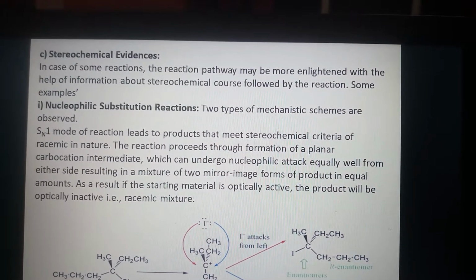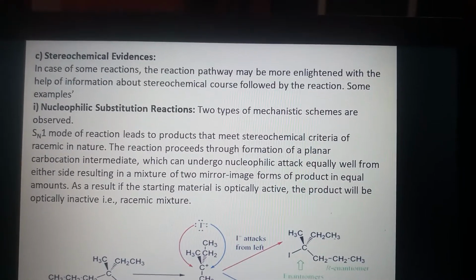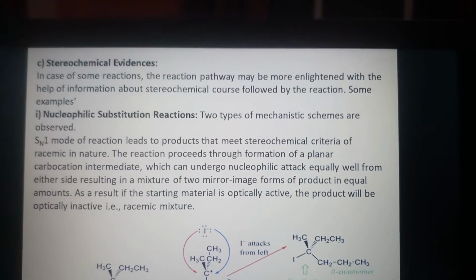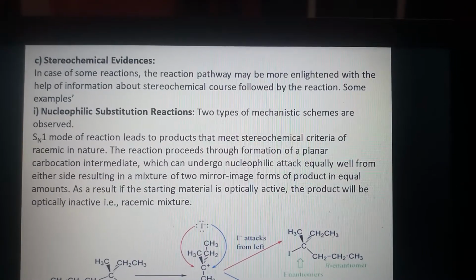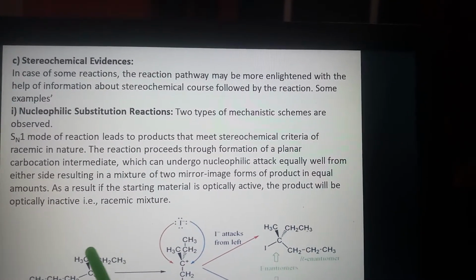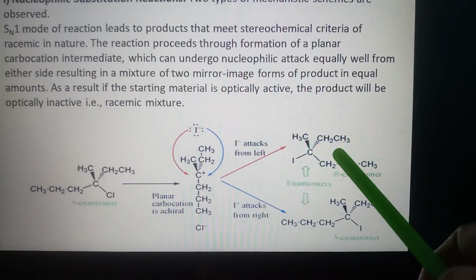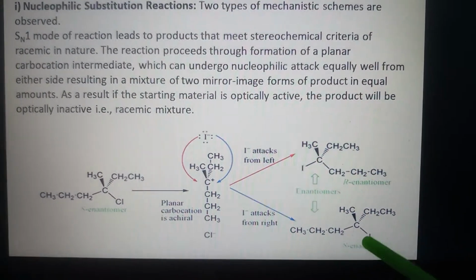Two types of mechanistic schemes are observed. In the case of the SN1 mode of reaction, it leads to products that meet stereochemical criteria of racemic nature. If we start from one isomer, that is the S isomer, we will get a mixture of R and S enantiomers.